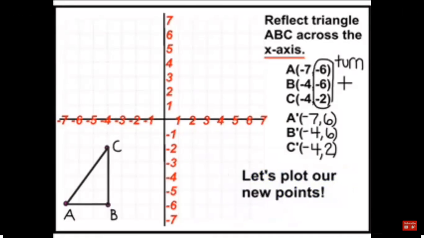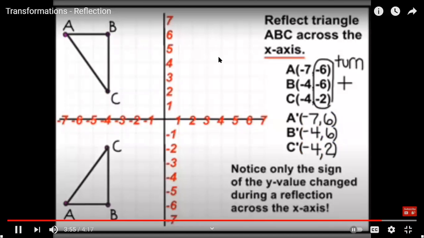The new point A is located at -7, +6. The new B is at -4, +6. And point C is located at -4, +2. When you connect all of the dots, we have our new right triangle ABC, which was reflected across the x-axis.